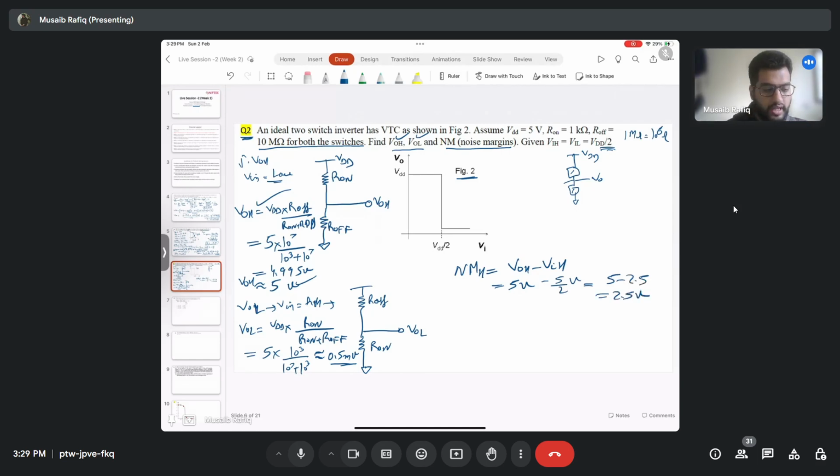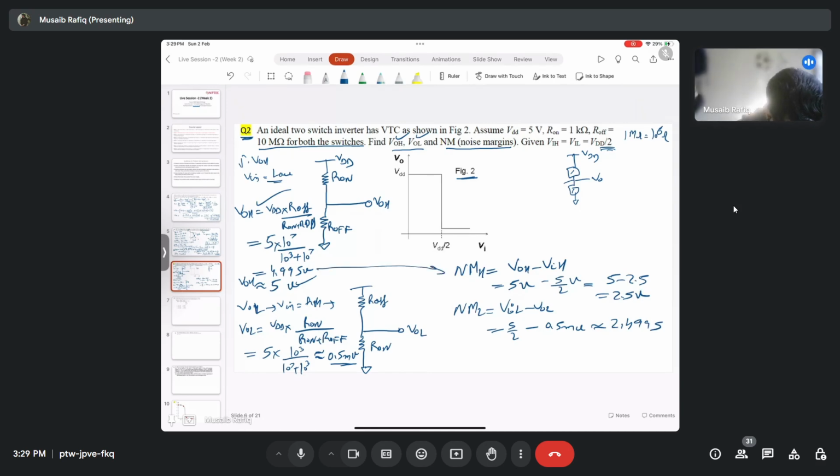This was noise margin high. Now noise margin low is equal to VIL minus VOL. VIL is also VDD by 2, that is 5 by 2, minus VOL, 0.5 millivolts, so it comes out to be approximately 2.49995 volts, right?